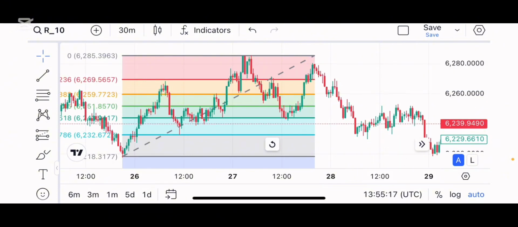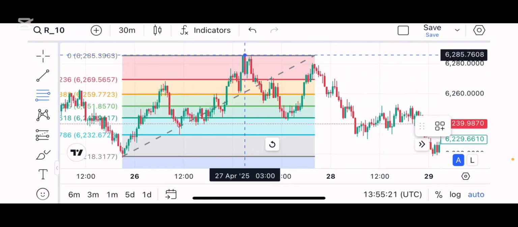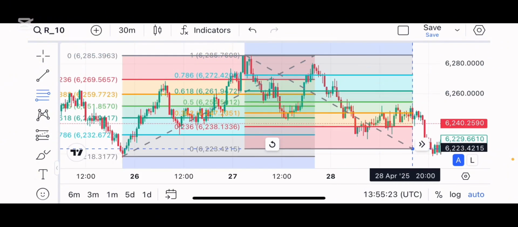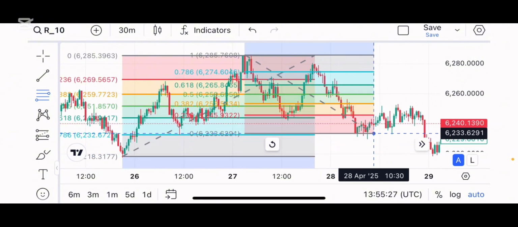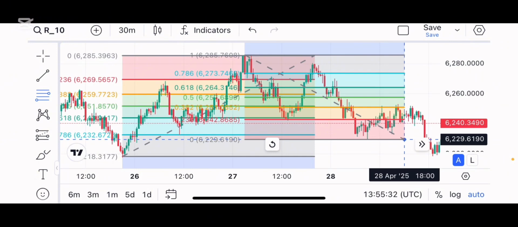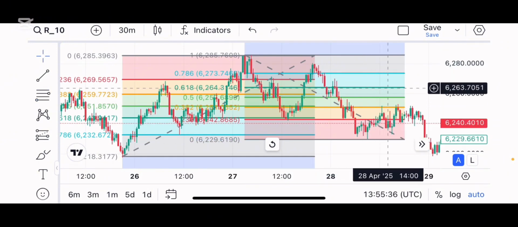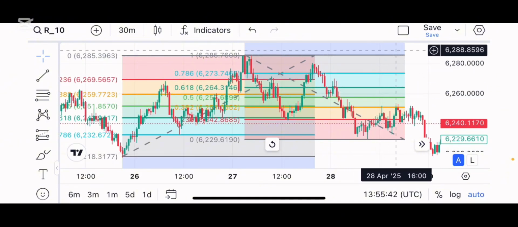How I do it is I get a Fibonacci retracement from this top and drag it all the way to maybe where you got the entry, somewhere around this point. So you drag the Fibonacci all the way to this top, and your exit is supposed to be around 61.8. You can also try to hold the trade if you know how to trail your stop loss to get to 100.